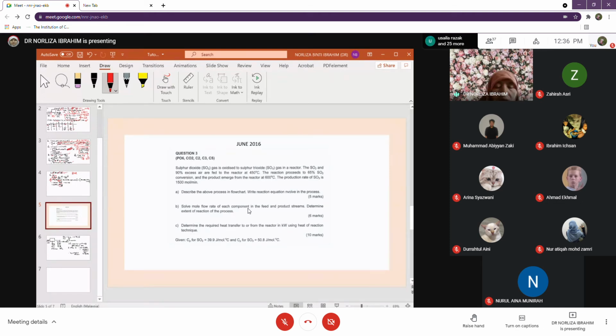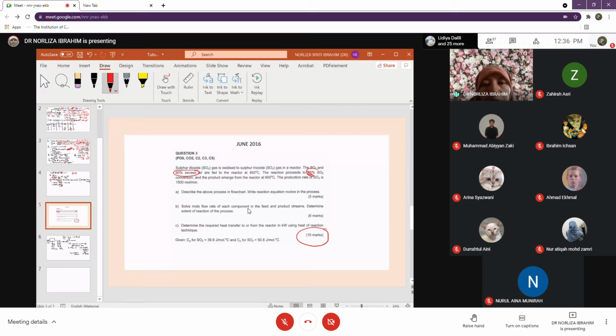I will just give you an idea, because this one is not 100% conversion. It is 65% conversion, and you also have 90% excess air. So this is basically the material balance. The energy balance, 10 marks here, is very straightforward.